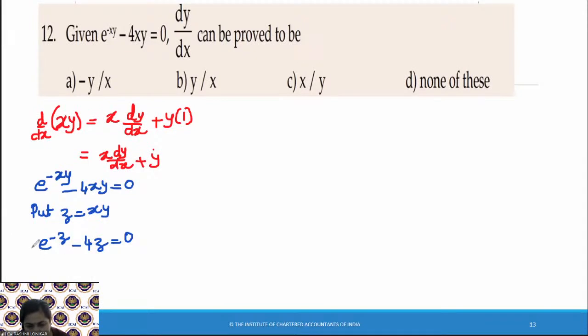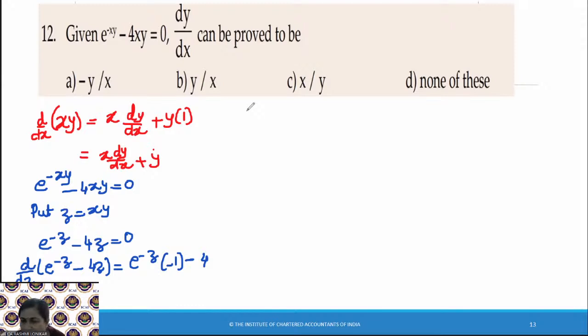So when I find the derivative, it will be d by dz of e raised to minus z minus 4z. What will be the derivative here? This will be equal to e raised to minus z into minus 1 and minus 4z, it will be minus 4. Okay. So if I find the derivative like this, I will get this as e raised to minus z minus 1 and minus 4.